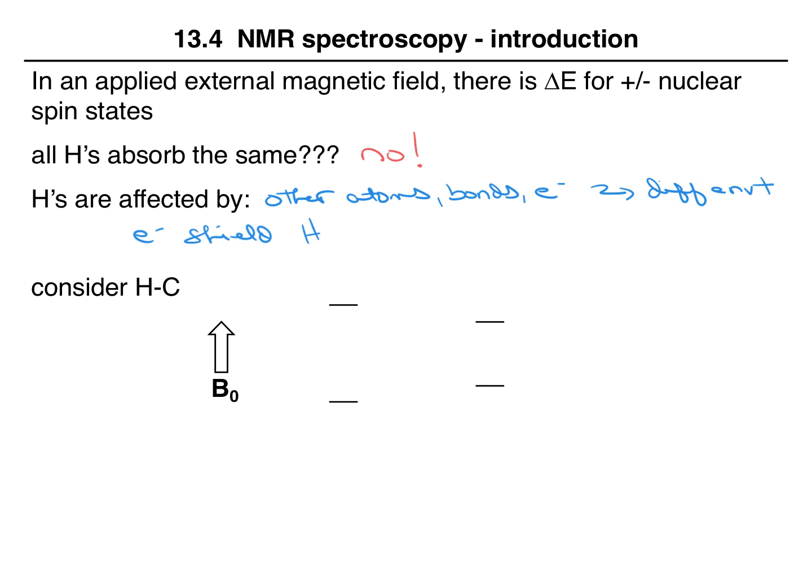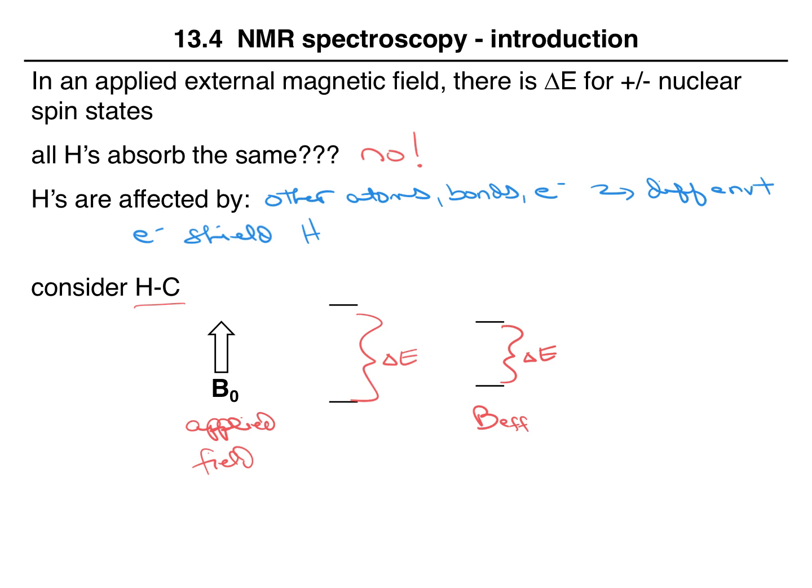If we have a hydrogen connected to a carbon, let's say this is the applied field, and that leads to this particular delta E. However, because of shielding by electrons, what the hydrogen feels is called a B effective, and that gives rise to a slightly smaller delta E.